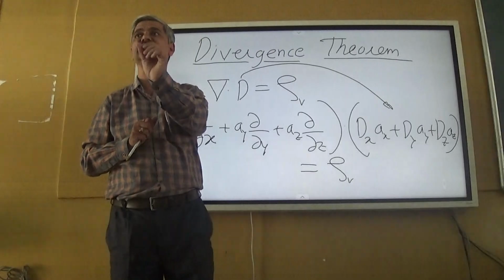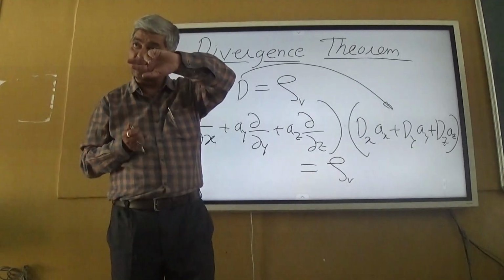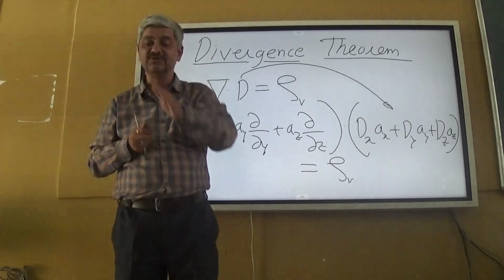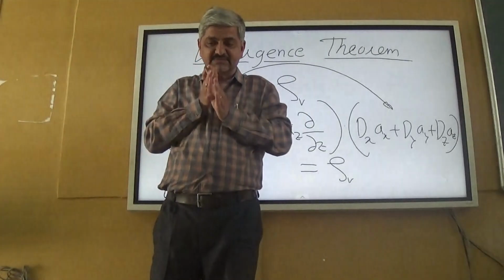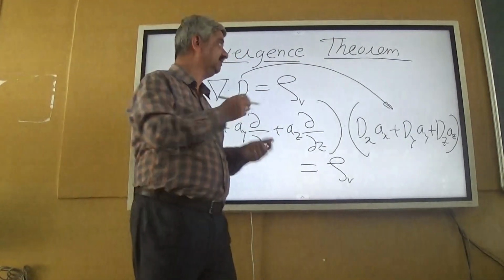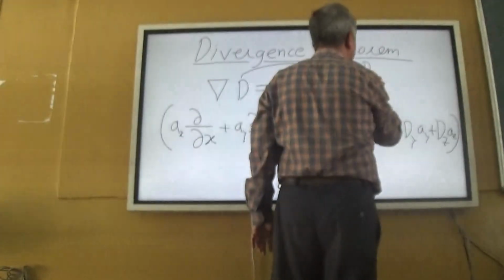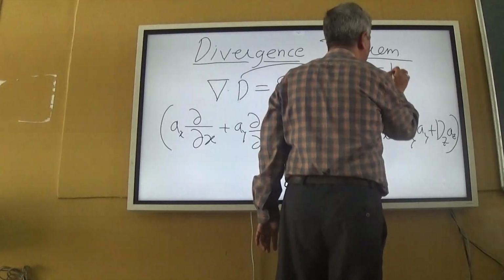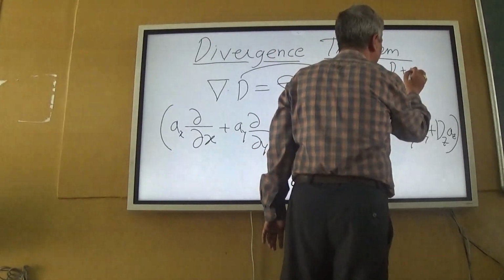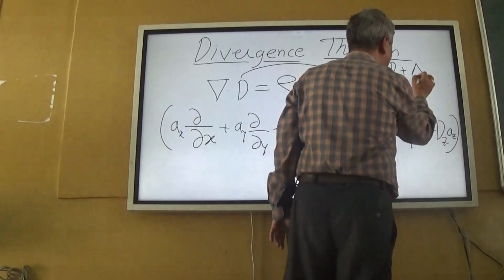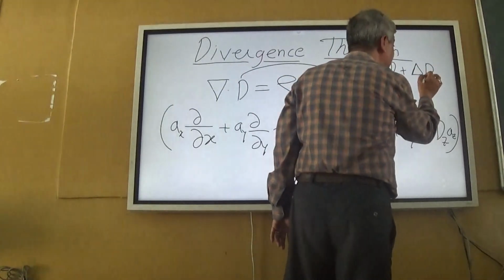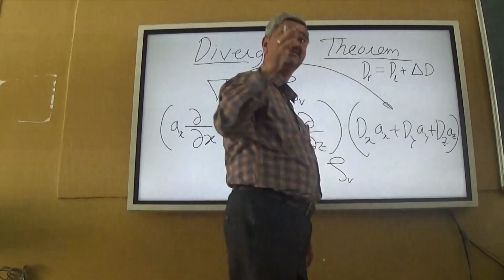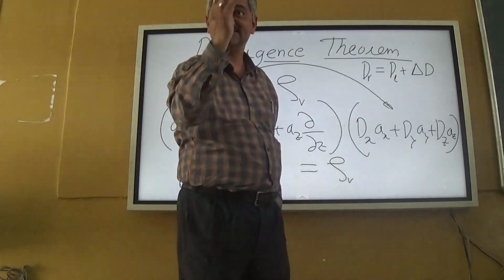The difference is negligible, means difference of change is negligible. So I can very well say that D right is equal to D left plus delta D. Delta D means right equals left plus something.